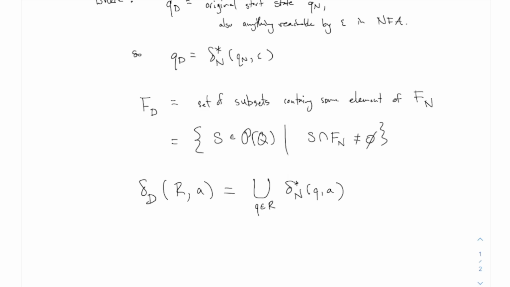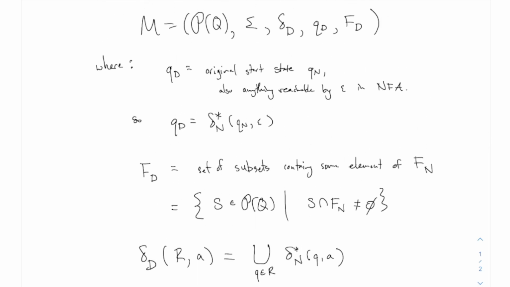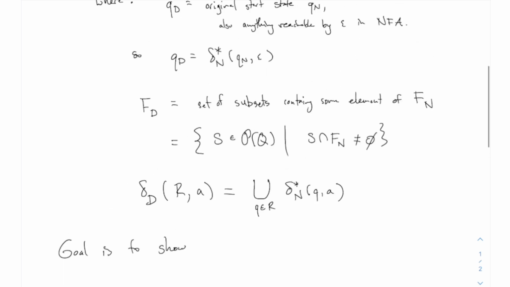All right, so this is the description of the DFA. It is those 5 things together with, here's the description of what the QD, the FD, and the delta D are. Kind of complicated, in my opinion. Anyway, what's our goal here? Our goal is to demonstrate that these 2 machines have the same language.